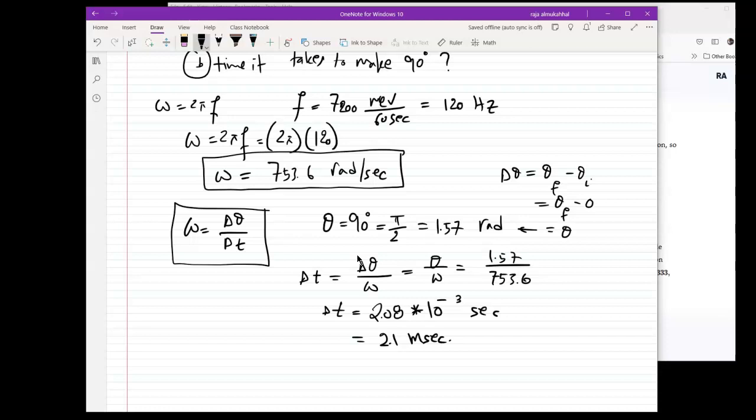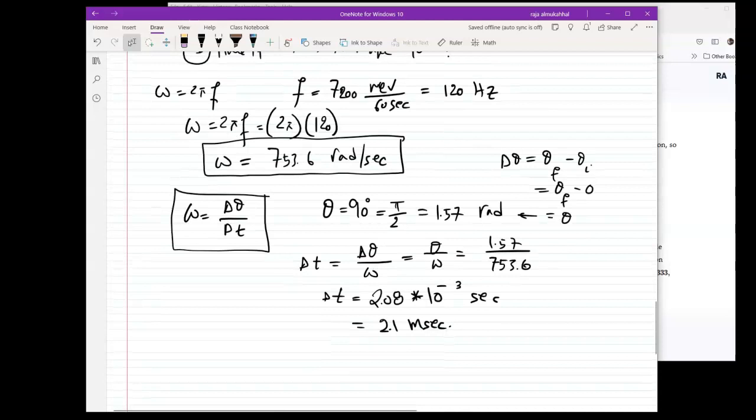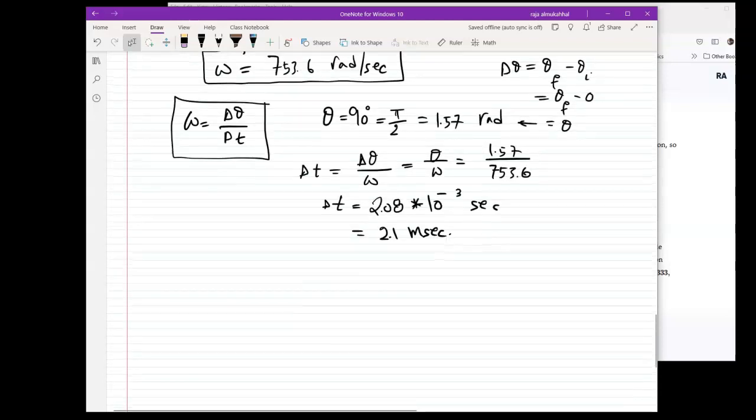So let me jump now to rotational kinematics, and you know what? Let me try and do this problem, this second part here. It said, what is omega after the 4th second? Let me see if I use our common sense before we do the rotational kinematics.